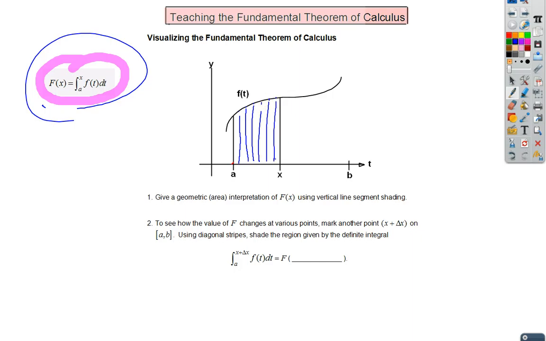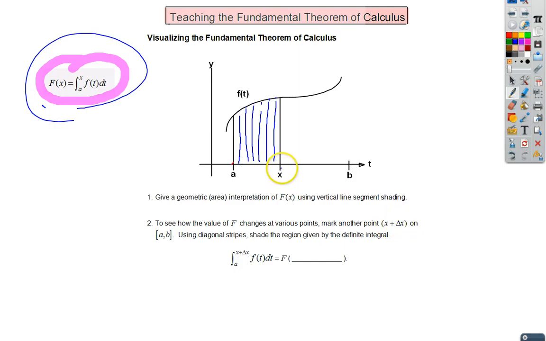Okay. Step 2. To see how the value of F changes at various points, mark another point, x plus delta x, on AB using diagonal stripes. Shade the region given by the definite integral from a to x plus delta x. Okay. So, x plus delta x.